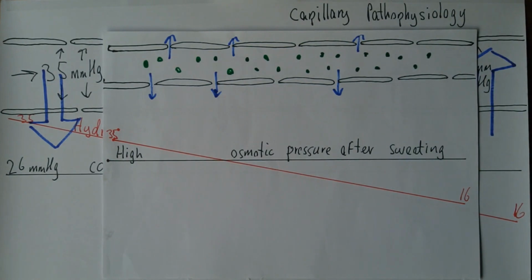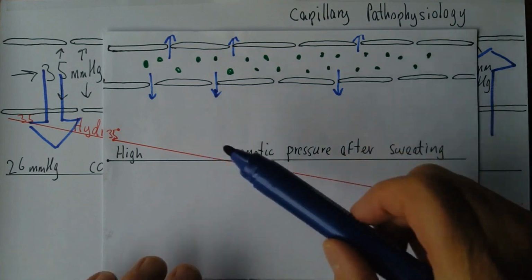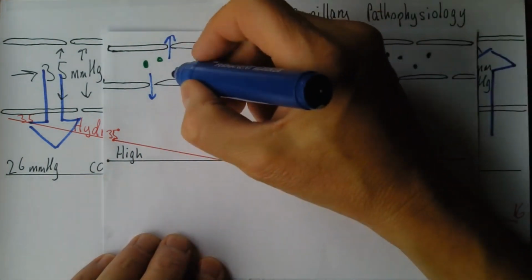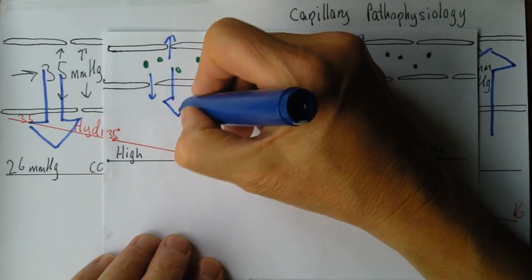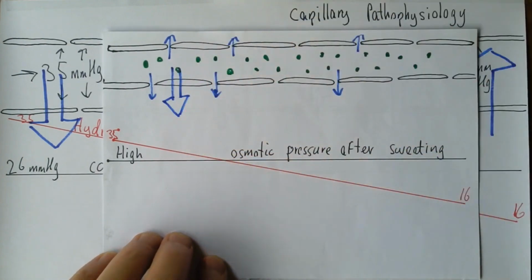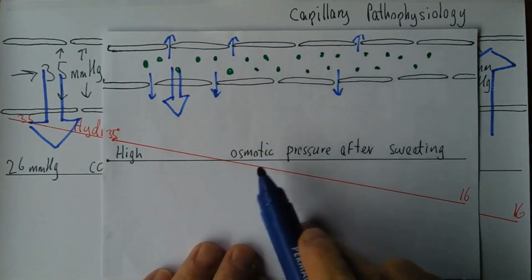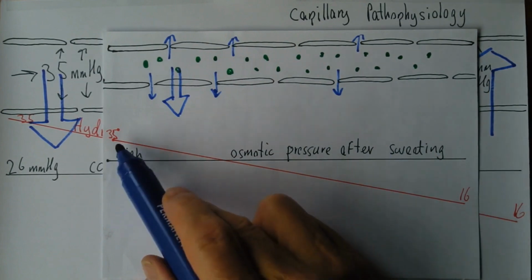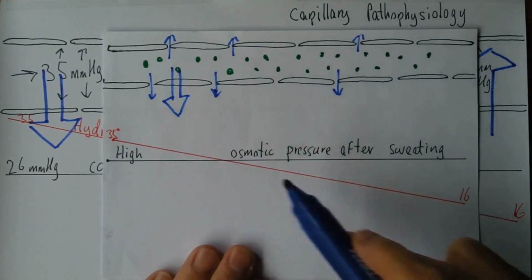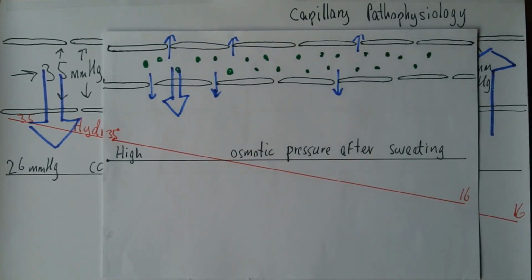So what we notice here is that at the arterial end of the capillary, the hydrostatic pressure is still greater, so we're going to get some filtration. But now we have a higher osmotic pressure. The hydrostatic pressures are still the same. The circulatory system is able to maintain blood pressure via compensatory mechanisms. Even in significant dehydration, you've got to be very, very dehydrated before you'll start becoming hypotensive.